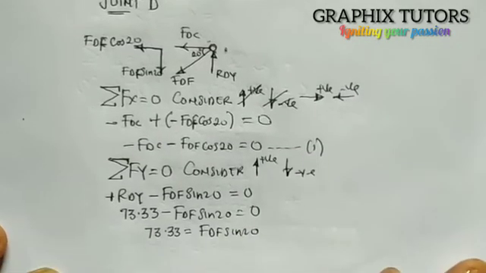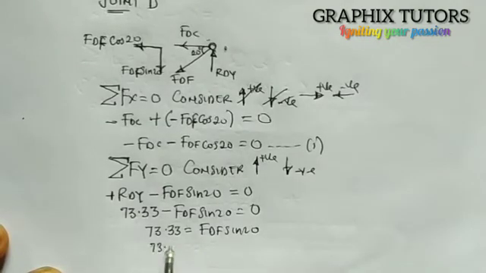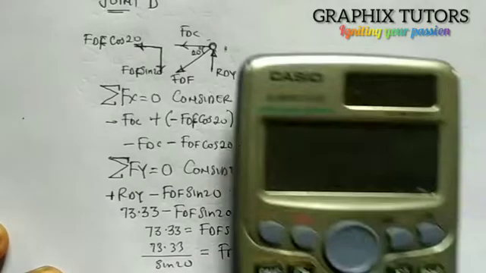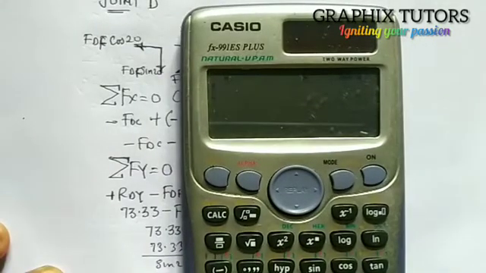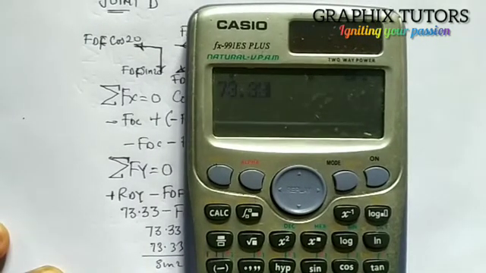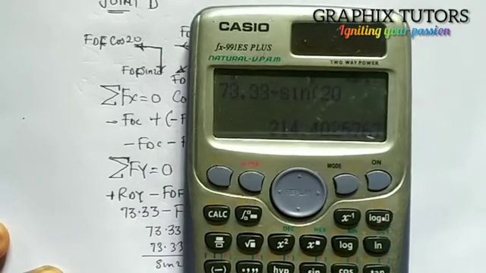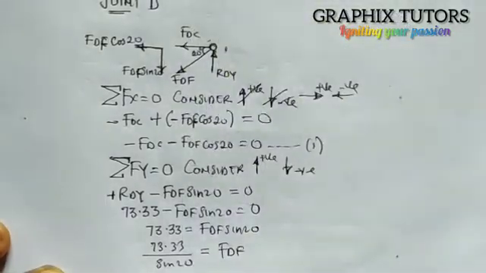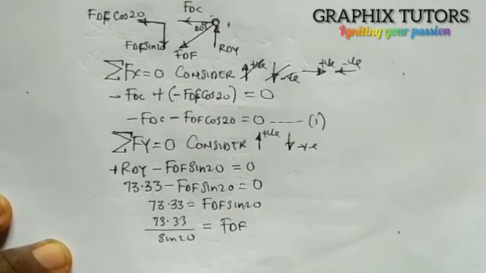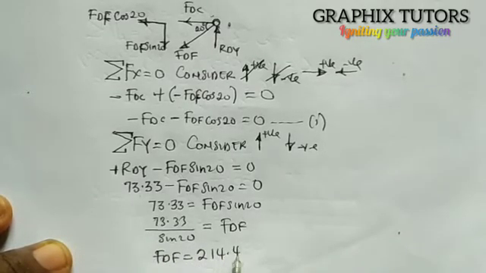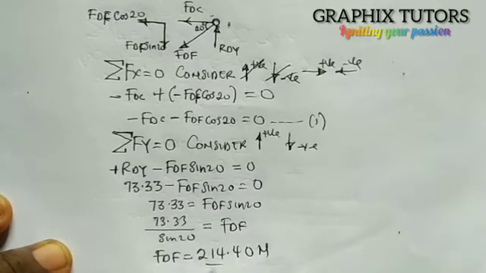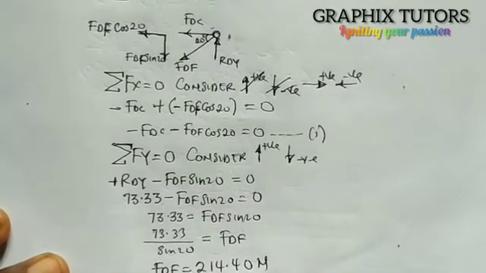If I divide both sides by sine 20, 73.33 over sine 20 will give us our FDF. That is 214.40, so my FDF is 214.40 Newton. So we've gotten the member.